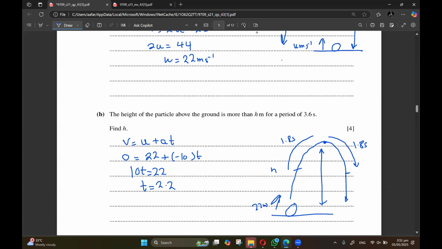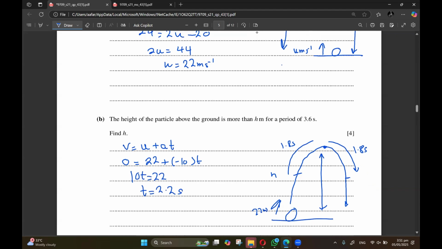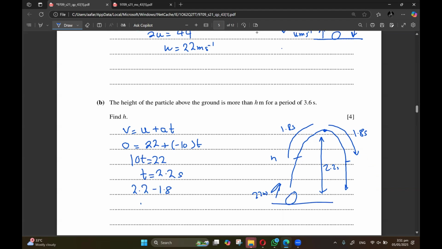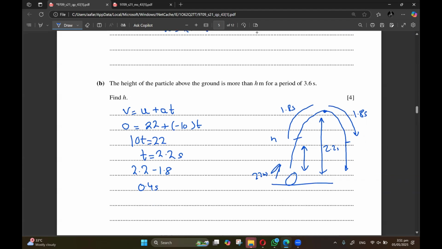So it takes 2.2 seconds to reach maximum height. If you subtract 1.8 seconds from 2.2, you get 0.4 seconds. So that's how much it takes to reach h, right? Now all we do is put 0.4 into the equation of motion, which is ut plus half at squared.